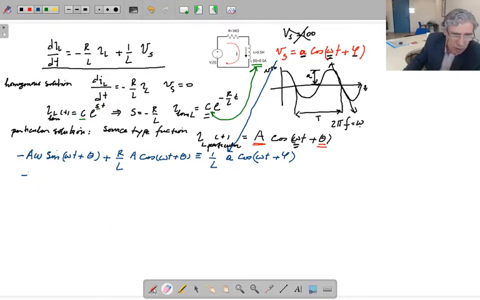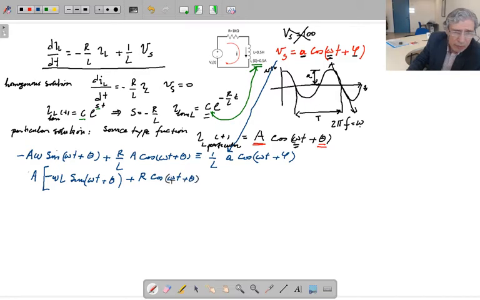If I put the A in parentheses, my left-hand side, minus A, after the multiplication gives omega L sine(omega t plus theta), and transfer this minus inside, so it's going to be minus theta, plus, we multiplied with L, what is left is R, and A is outside, so R times cosine(omega t plus theta) is identical to A times cosine(omega t plus phi). Right?